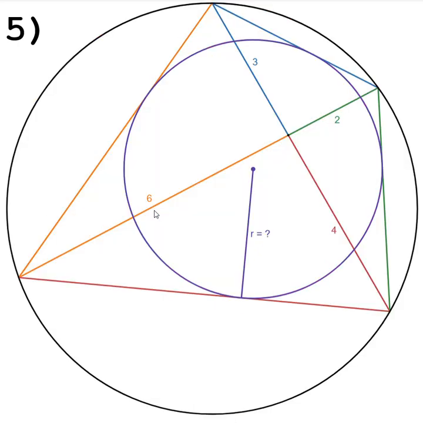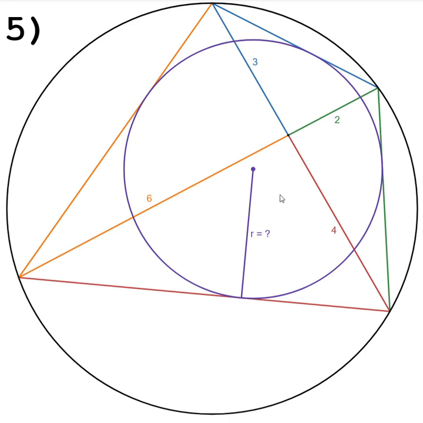Then comes our fifth question. This is also a very easy question, well, easier than the second one, because you're given 4 line segments, and the first thing you have to do is make sure that the power of a point is satisfied. So the power of a point basically states that for a point inside the circle, you have this length times this length equal to this length times this length.